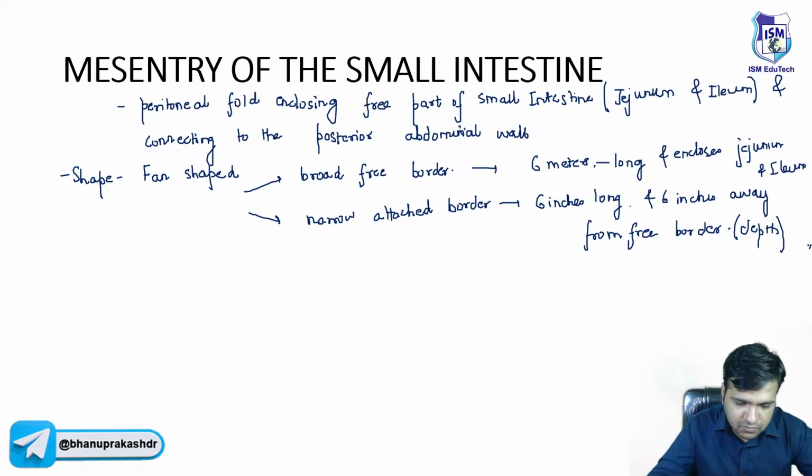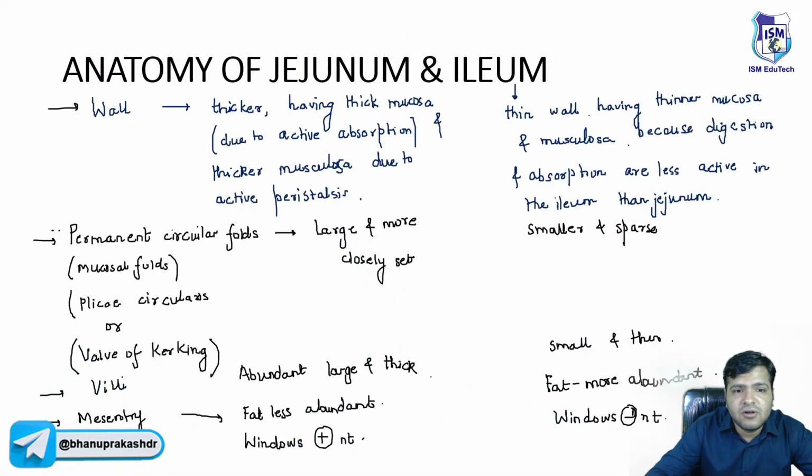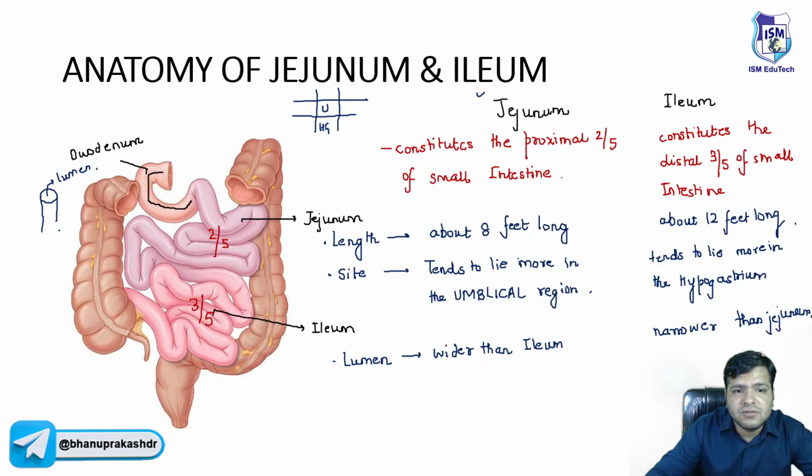Now, the mesentery, beta. You already know the small intestine basically. The jejunum begins from, we have a flexure over here, and this is called the duodenojejunal flexure.